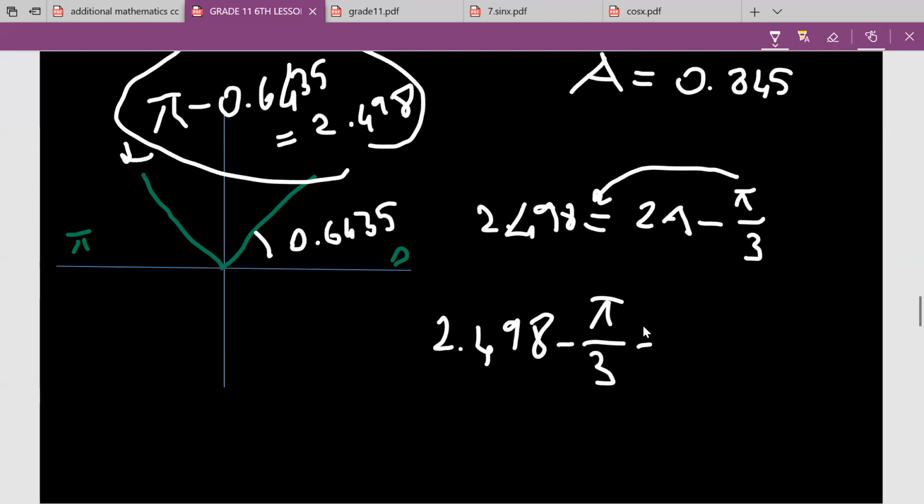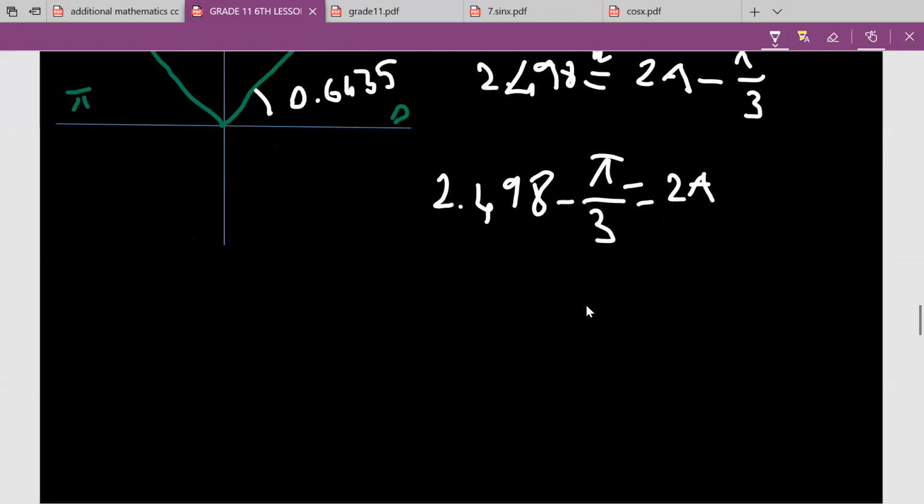Use the calculator and divide both sides by 2. A will be equal to 1.77 radians. You see, we solved the question in radian mode.